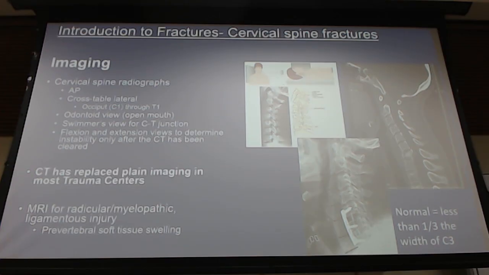It's not at C5, it is not at C7, it's for other things, right? Find C3, measure the width of the vertebral body, measure the anterior soft tissue, and if that tissue width is greater than 1/3 the width of C3, right? So 1/3 is normal, greater than 1/3 is abnormal.